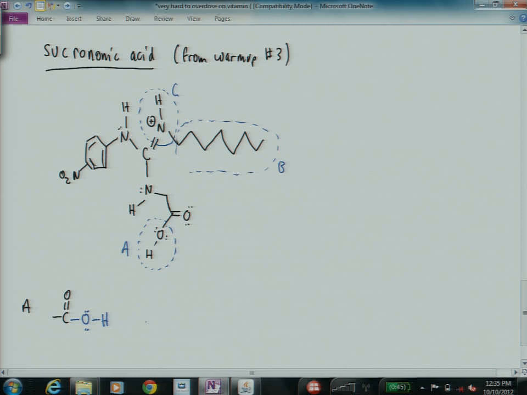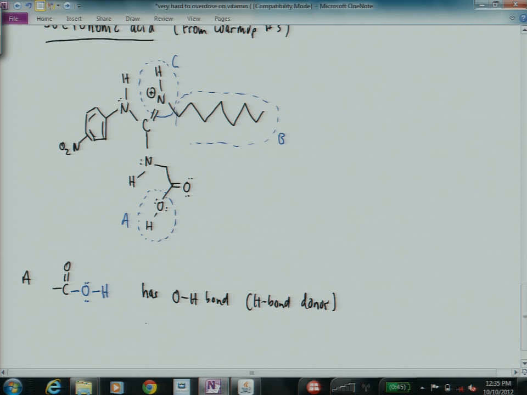And it also has a lone pair on an oxygen, which is an H bond acceptor. Therefore, it can make H bonds. Right? Cool.